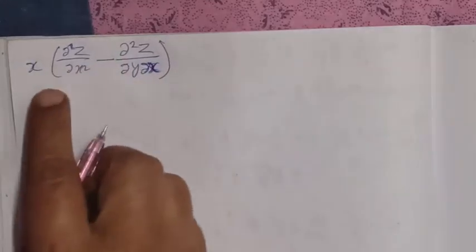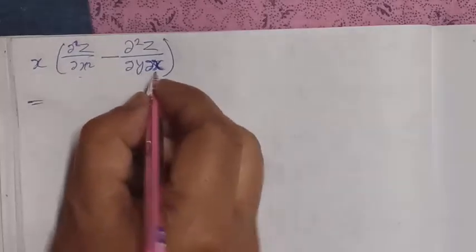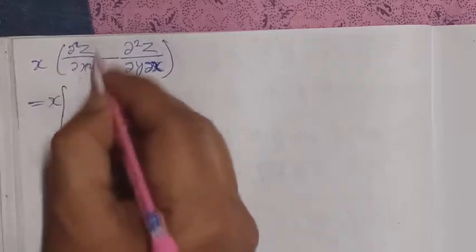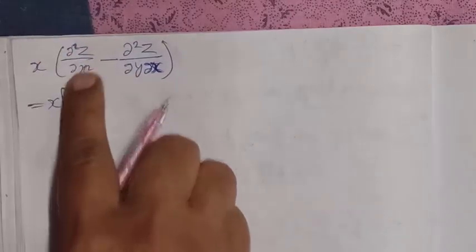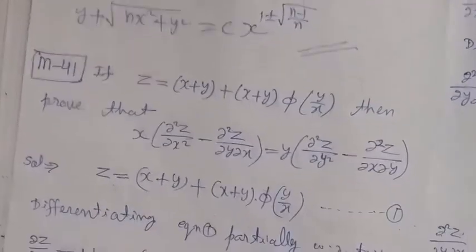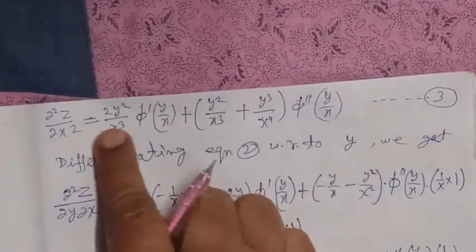Now I will write the values from the equations. First of all, I write the value of del 2 z over del x square, which is found in equation number 3.